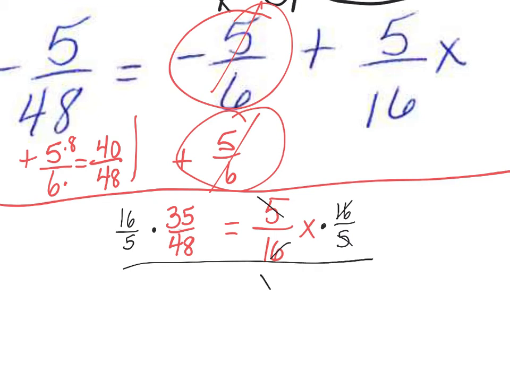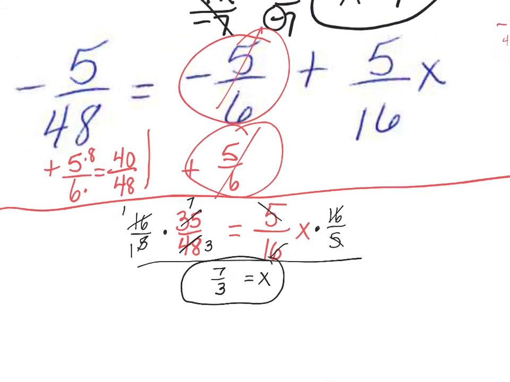And we're left with x over here equals, well, 5 is going to go into 35 how many times? 7. Does 16 go into 48? Yeah. How many times? So here I get on top 7. In the denominator, I get 3. I am not making that a mixed number because I have to change it back to improper when I check.